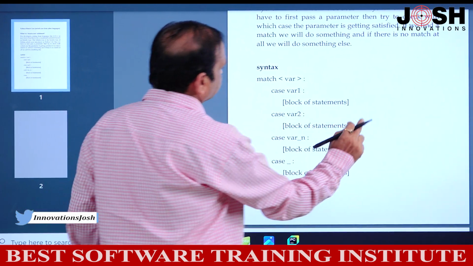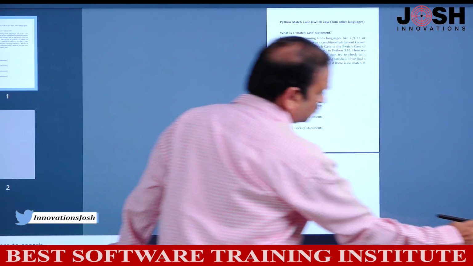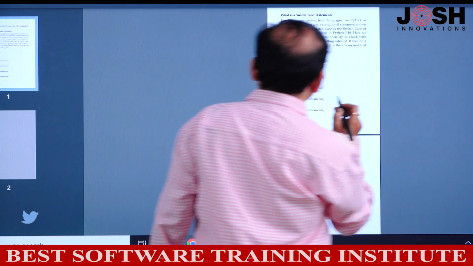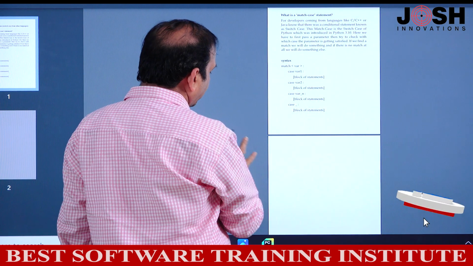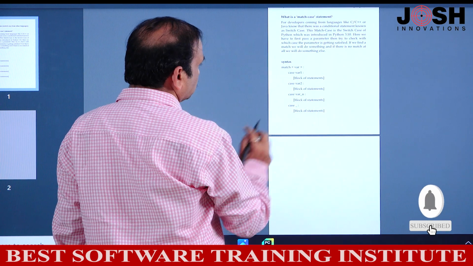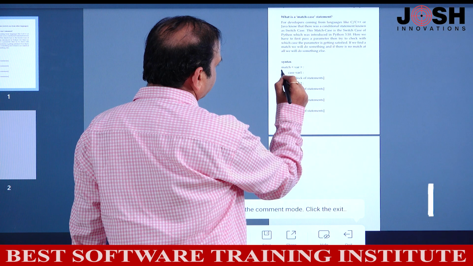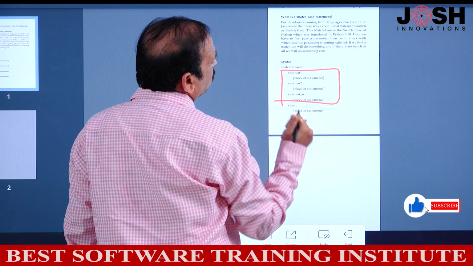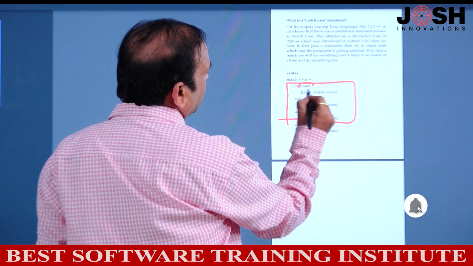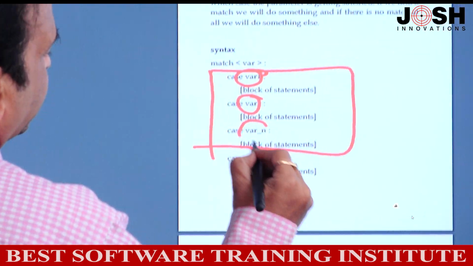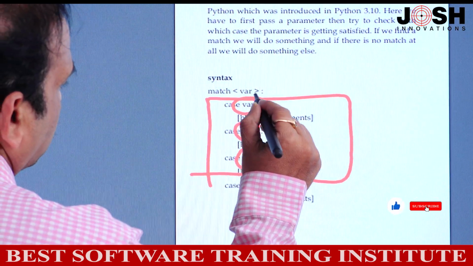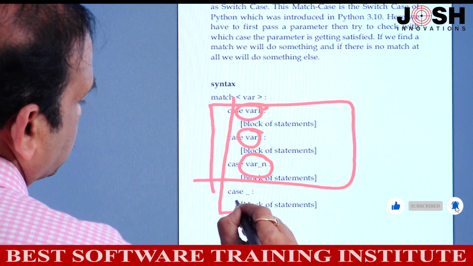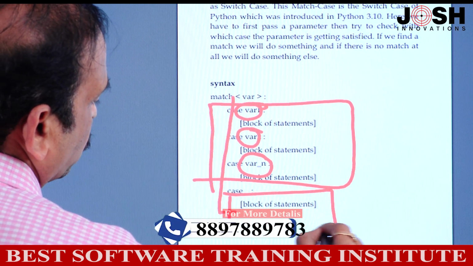If var1, var2, var_n are not matching, these three blocks are not matching, then the control jumps to the block called case underscore.